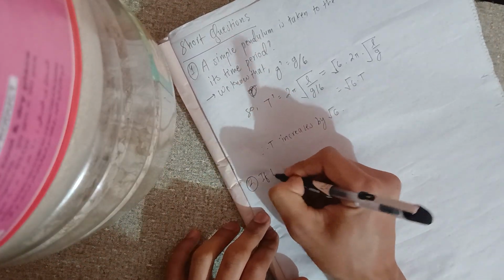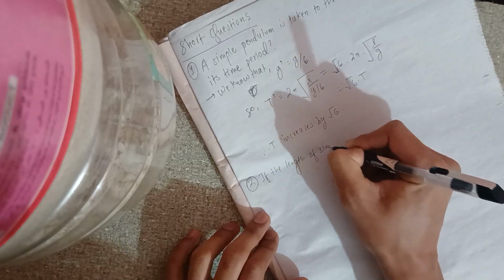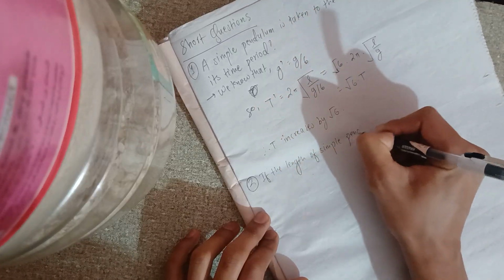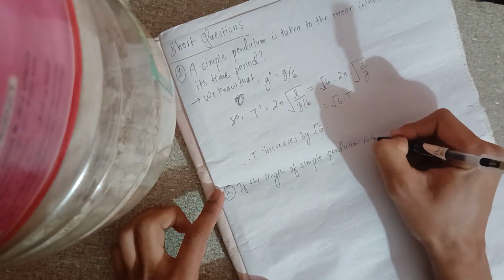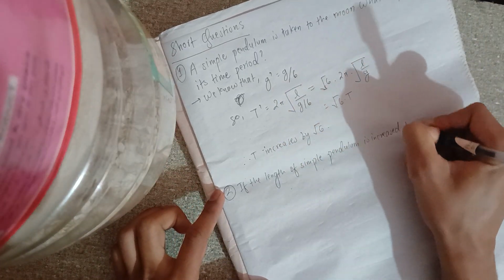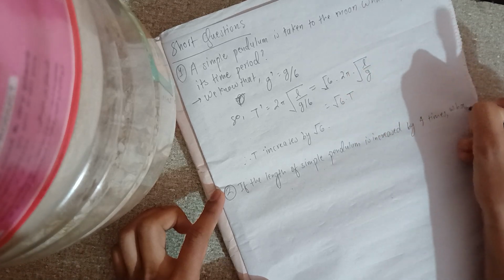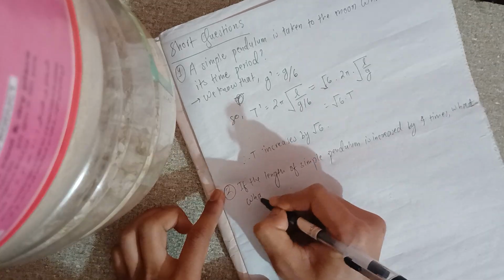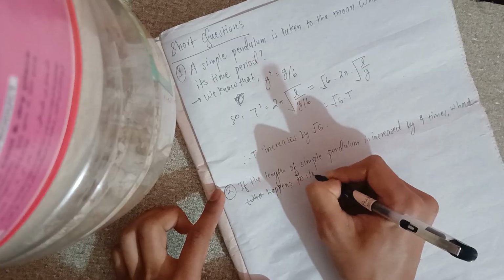It says if the length of a simple pendulum is increased by 4 times, what happens to its frequency?